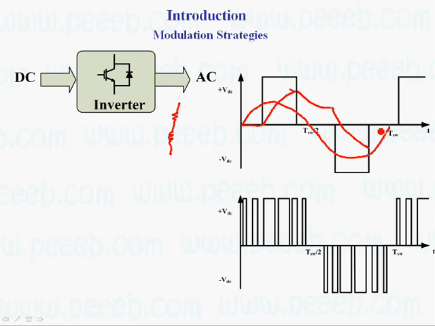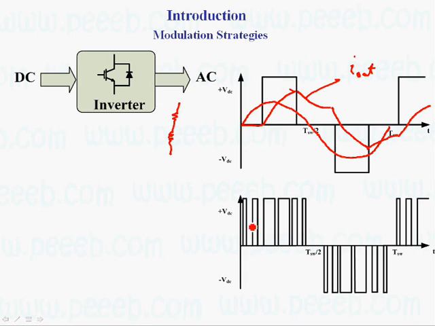So here, because the output voltage is zero, the current is decreased and then increases. So this is the current waveform. Approximately we can draw the output current.